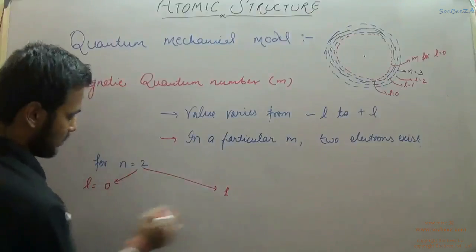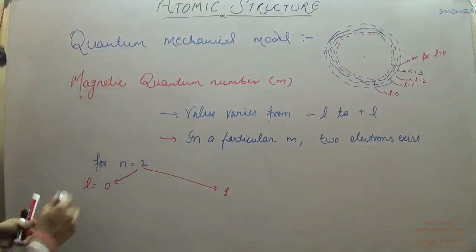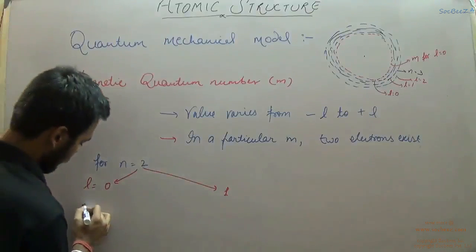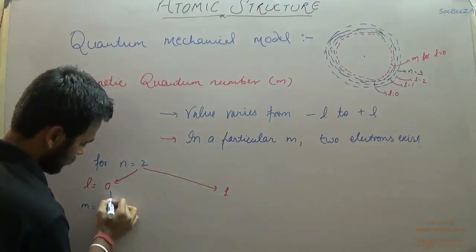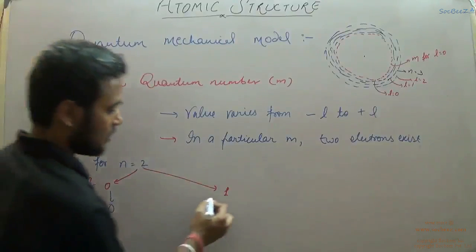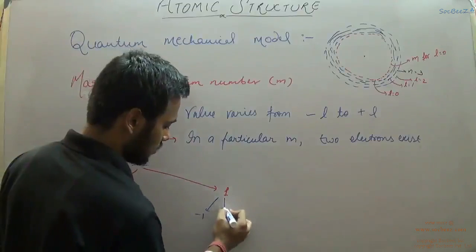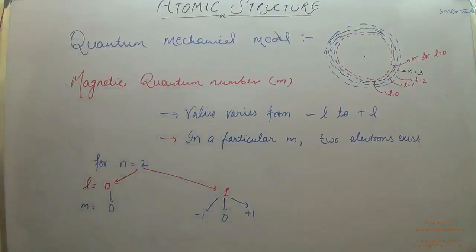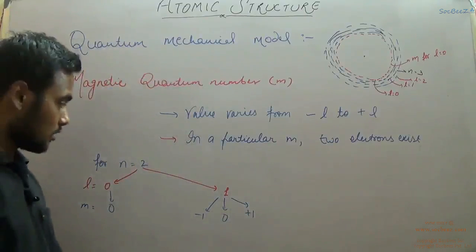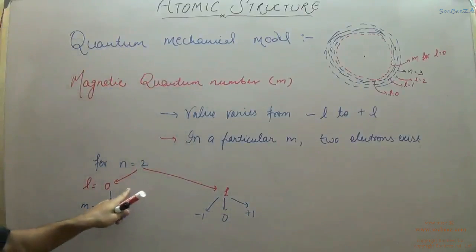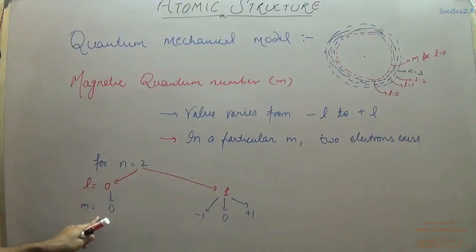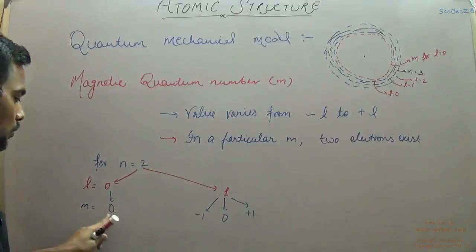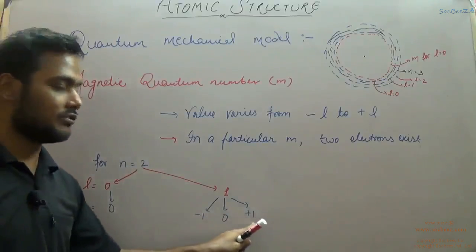We can draw it like this. And M equals 0 in this case, but in this case M equals minus 1, 0, plus 1. So, the total number of orbitals here is 1, 2, 3, 4.